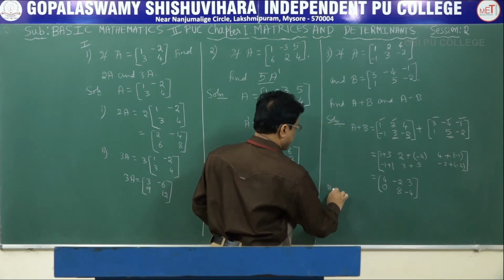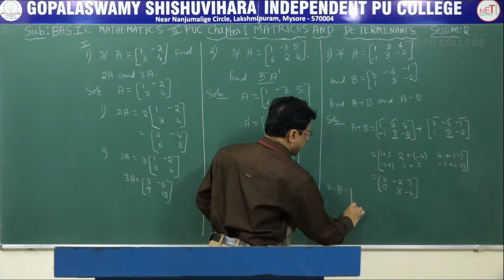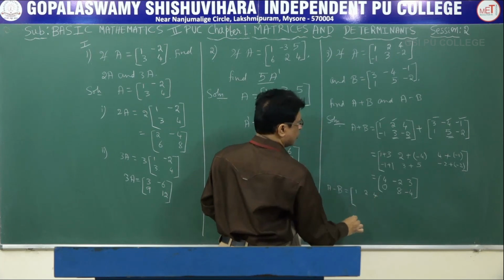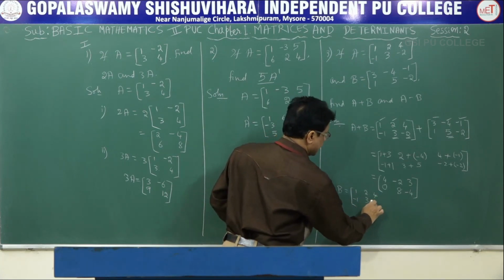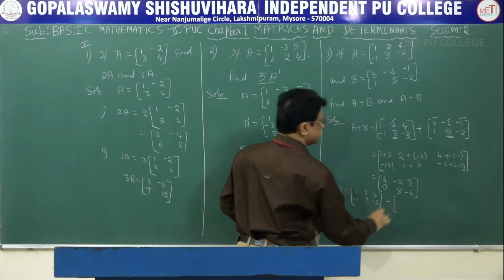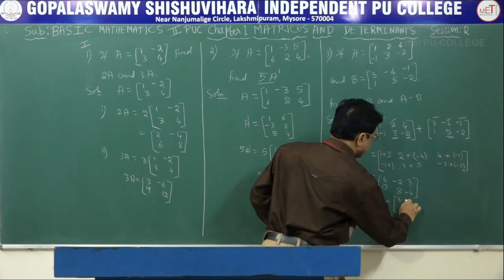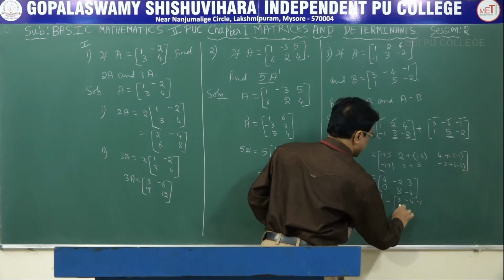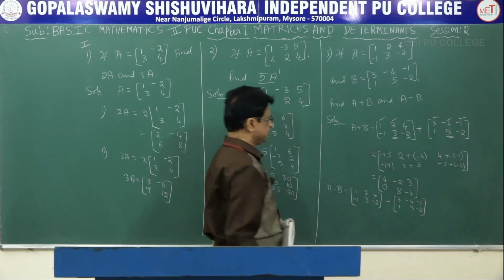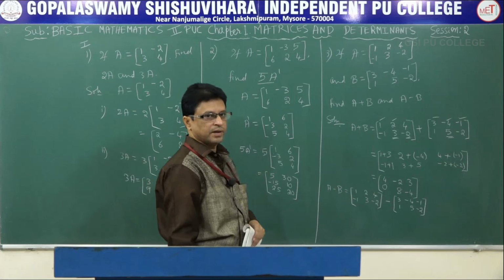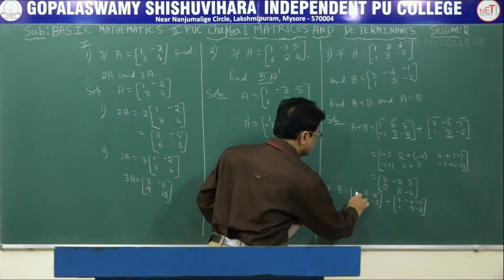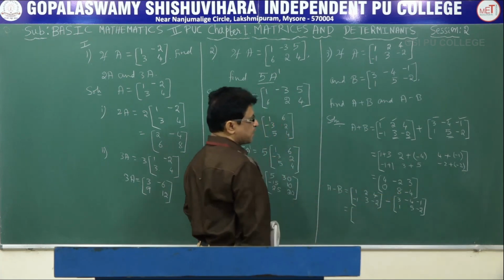Similarly, A minus B is equal to 1, 2, 4, minus 1, 3, minus 2, minus 3, minus 4, minus 1, 1, 5, minus 2. So, this will be equal to, subtract the corresponding elements.